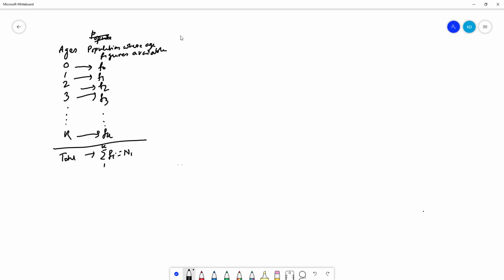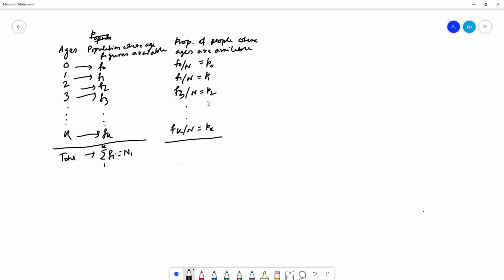Now the probability or proportion of people where ages are available, this is f3 by capital N, and so on, and this sum should be 1.